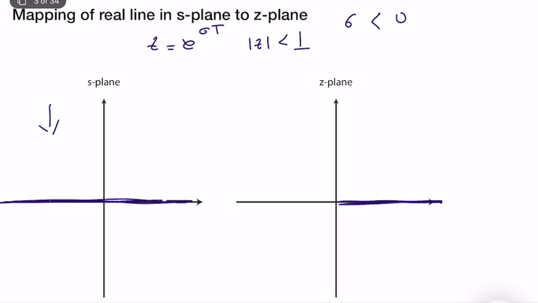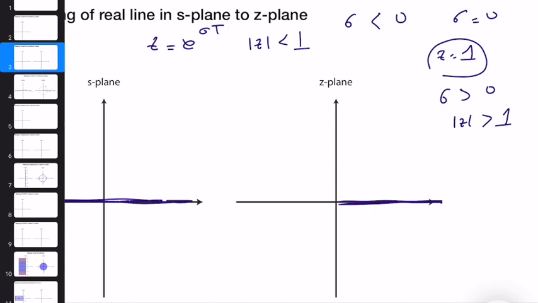We know that when sigma is equal to 0, z is equal to exactly 1. And when sigma is greater than 0, the magnitude of z is greater than 1. So now we get more information and let's look at the result.